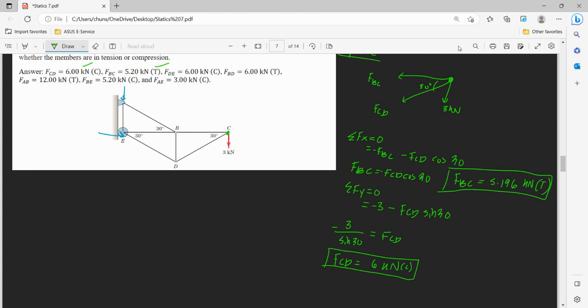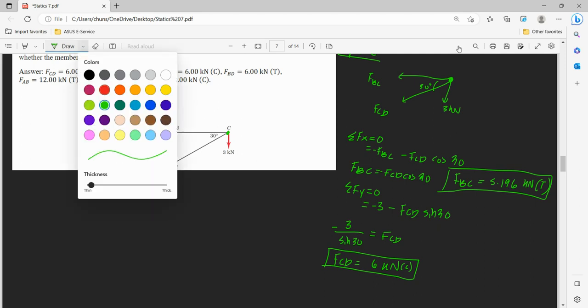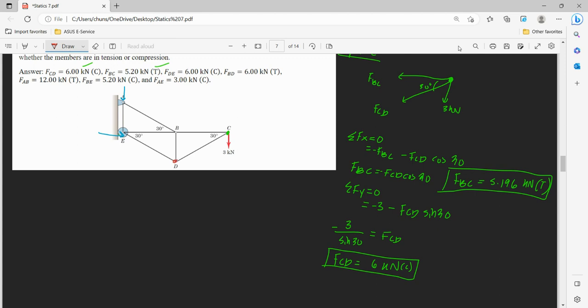And now let's work with pin D next. So pin D. Our free body diagram will look like this. We know what FCD is.